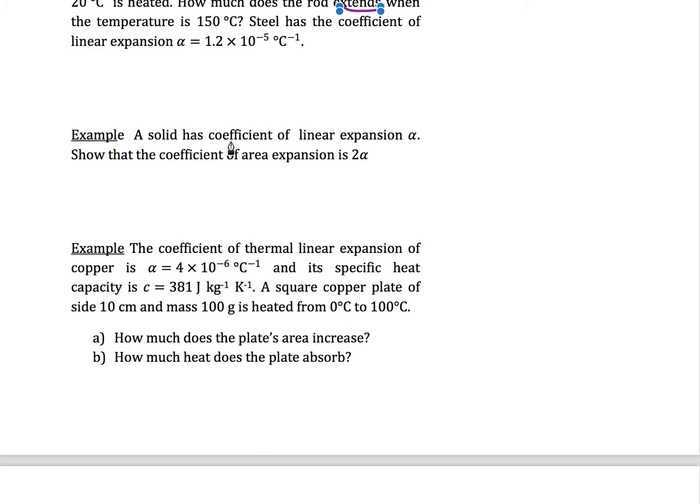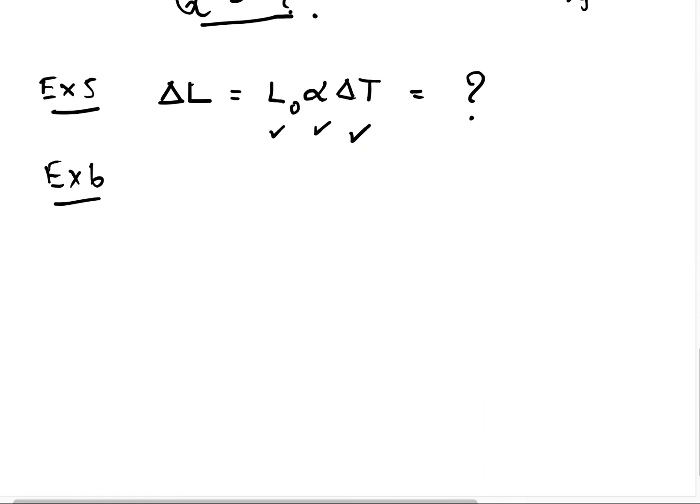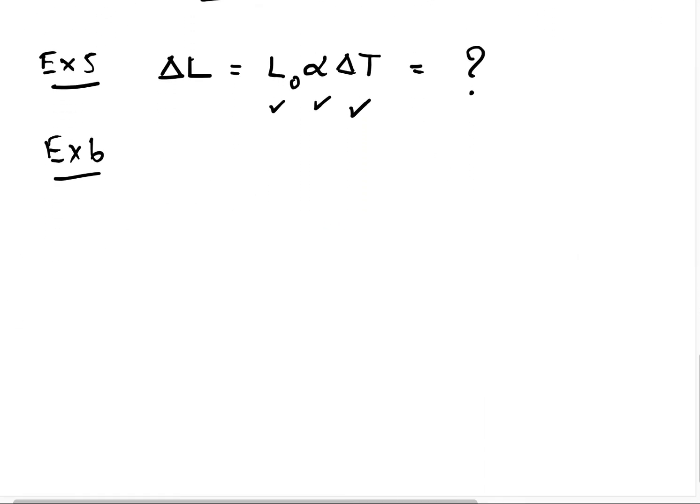A solid has the coefficient of linear expansion of alpha, and show that the coefficient of area expansion is 2 alpha. Okay, so let's do this. From just a solid, now we will consider a two-dimensional object, so we can try this with a rectangle.